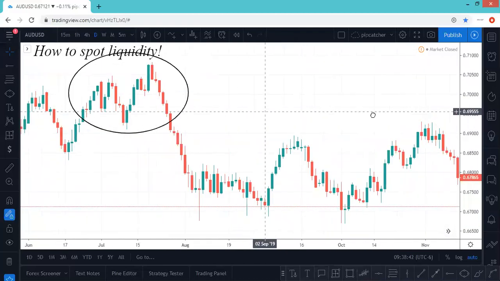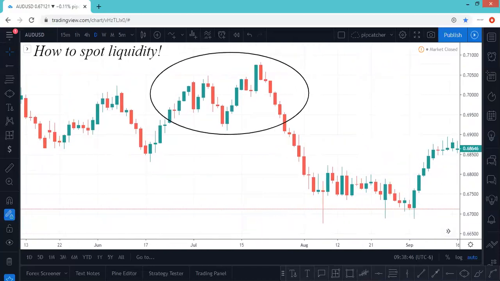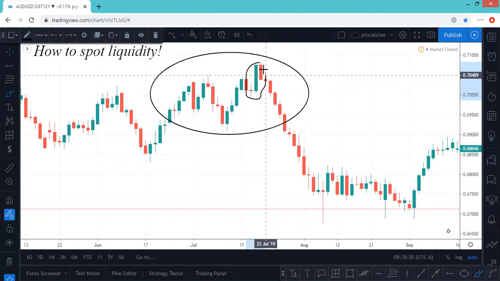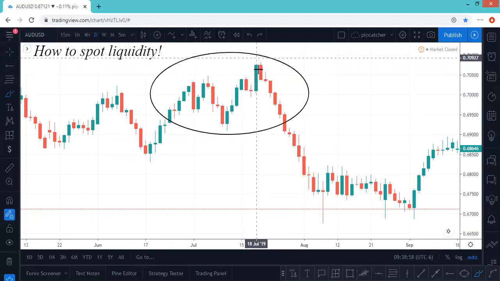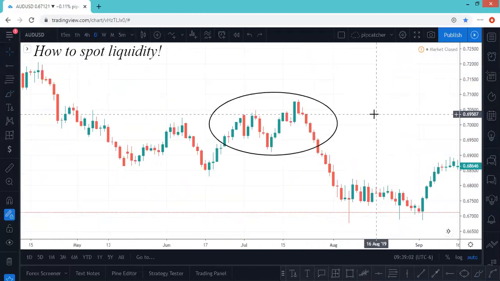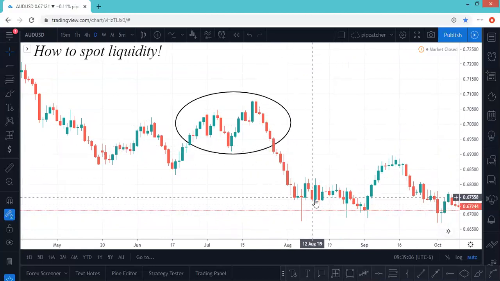But if you take a second to look at it, you can see that this candle right here shot to the upside, and then all of a sudden, price changed directions at a faster pace.